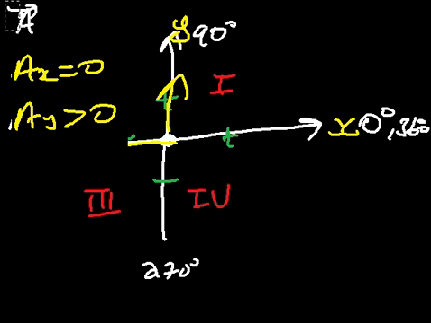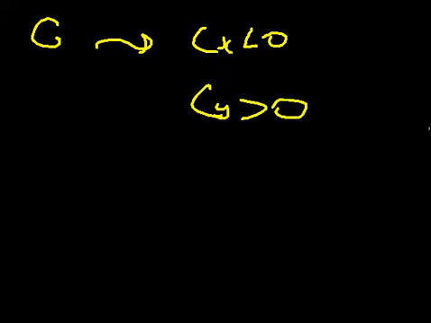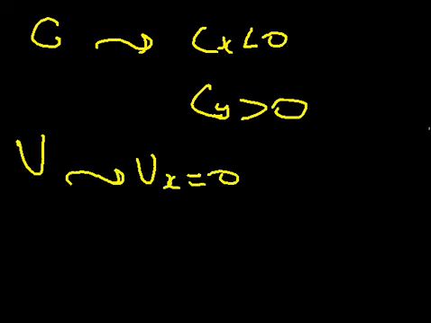So now, in your own time, try to understand the following cases. Let's say we have a vector C with components Cx less than 0 and Cy greater than 0, in which case what are the possible directions of the vector? Let's say we have the vector V with components Vx equal to 0 and Vy greater than 0.